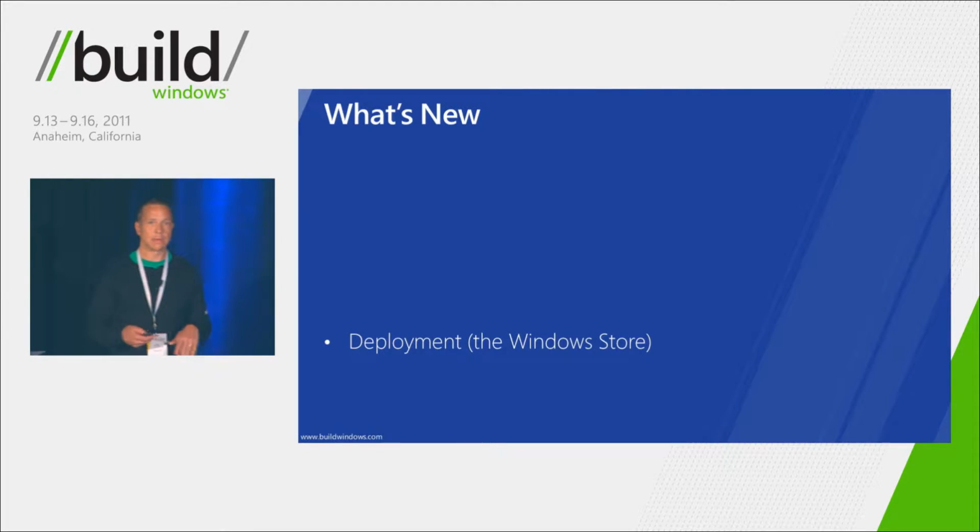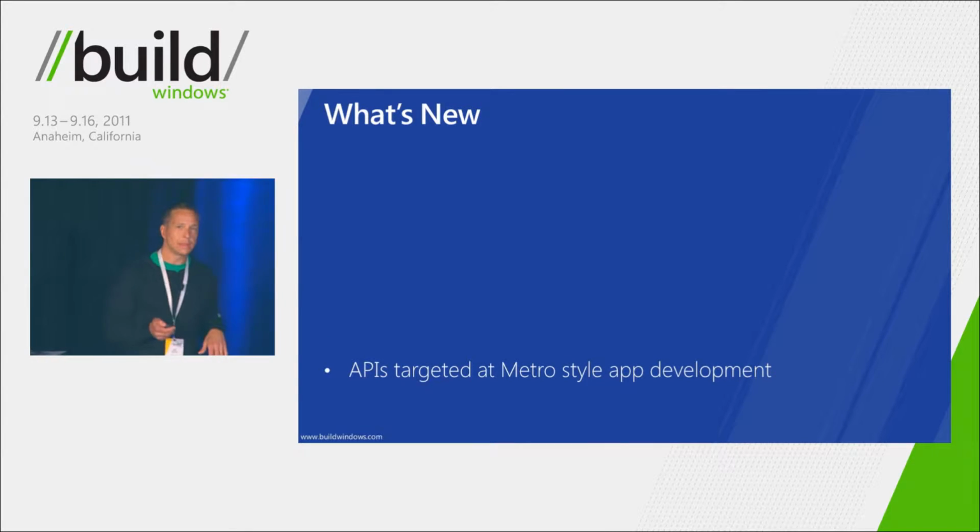Deployment, obviously, is going to be different because everything you deploy for a Metro-style app is deployed and updated through the store. There are store talks that go into details on that. And one thing that just may not be 100% clear is that the Metro-style XAML APIs are designed for building Metro-style apps, not for building desktop apps.